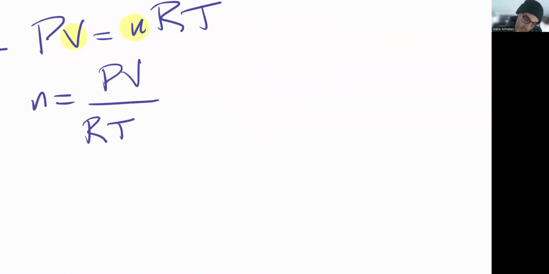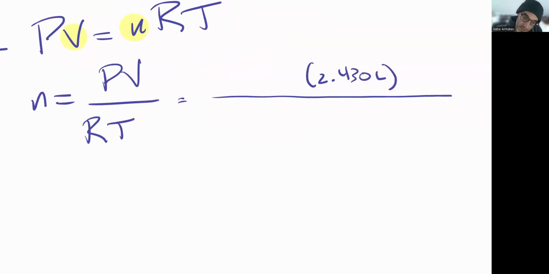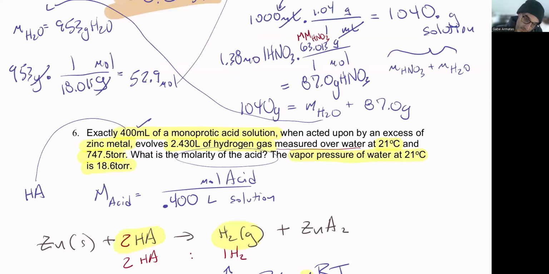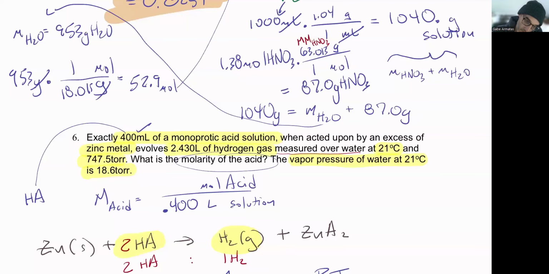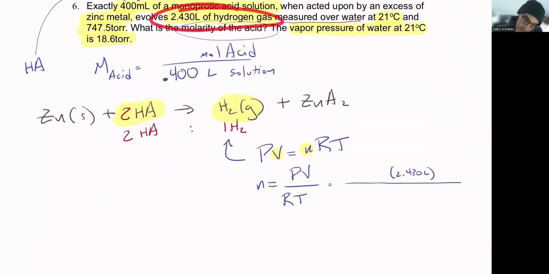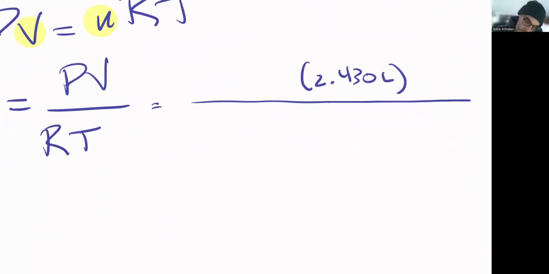So let's see if we can just plug in what we have. We're going to come back to pressure because that's going to be an important one. We know that the volume of gas, not the 400 mL, because we already have that taken care of, was 2.430 liters of the hydrogen gas. You can see that right here, 2.43 liters. My R value, we should know this.